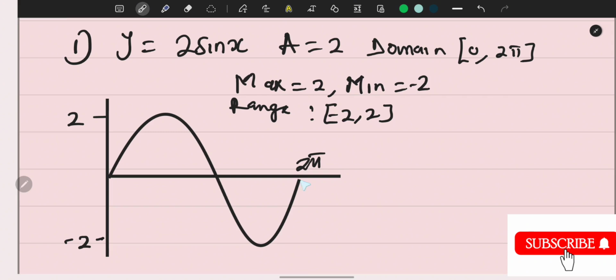Here is 2 pi, this place is pi over 2, this place is pi, and this place is 3 pi over 2. So we have this here.